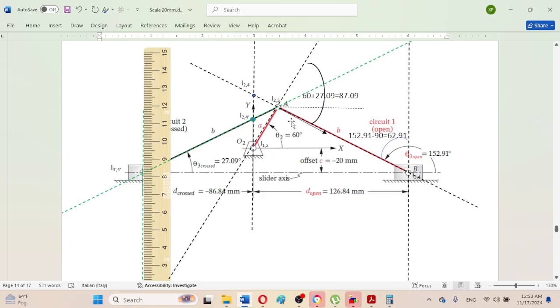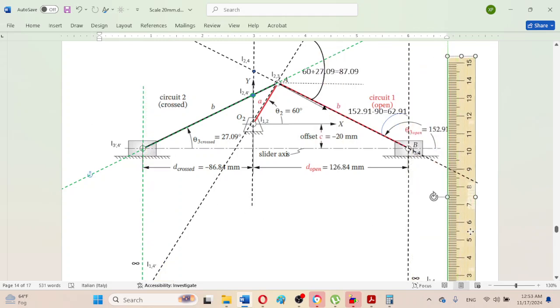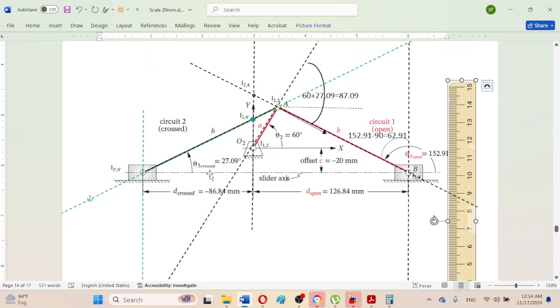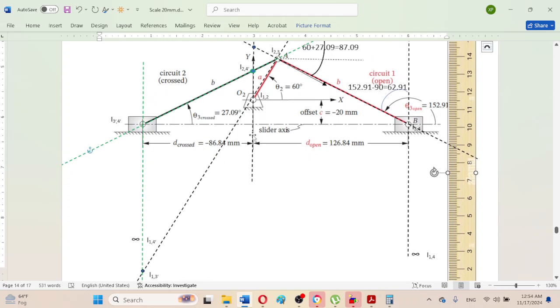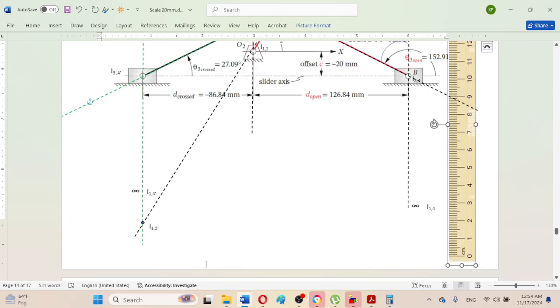As we can observe here, bring this protractor now out. So as we can observe here, that the velocity of this point A, as we can observe this link A B dash is in pure rotation about this.